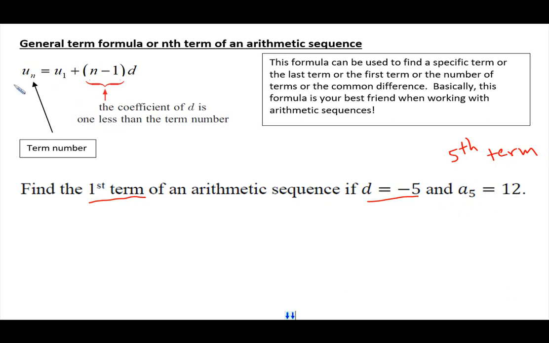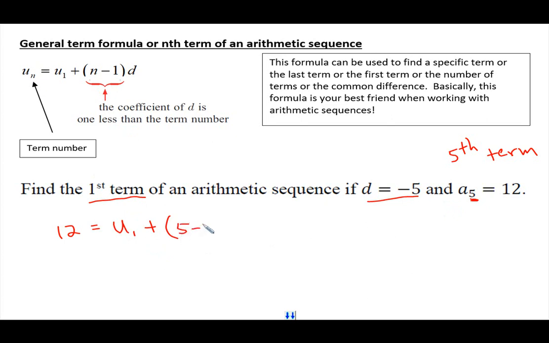So we're going to plug everything into this formula. a sub 5 is 12, so we know 12 is equal to, we don't know the first term, so u sub 1, or you can use the letter a also, it's really up to you. I'm used to using the letter u. Plus, now n, we know what n is. Remember, this is the fifth term, so n is equal to 5.